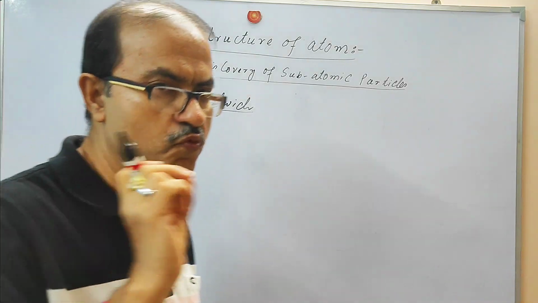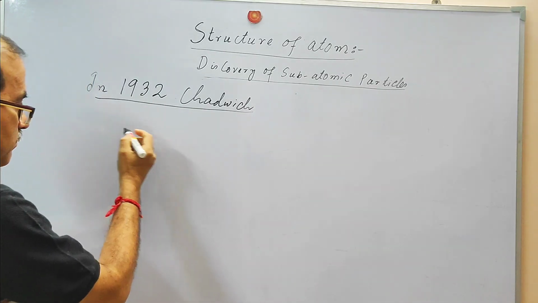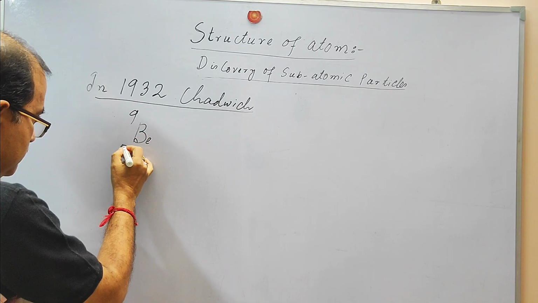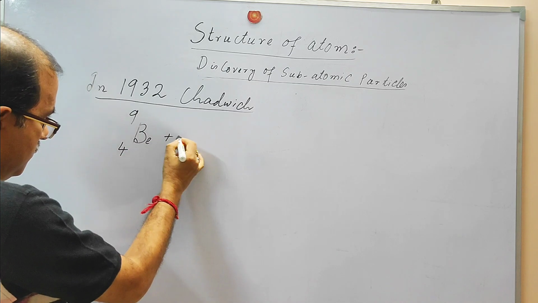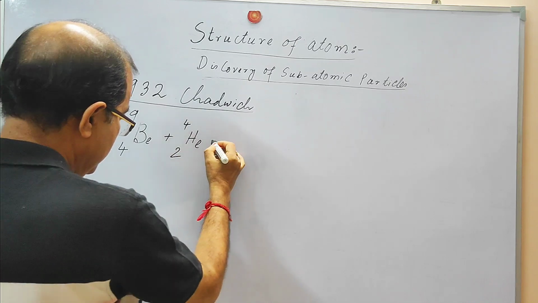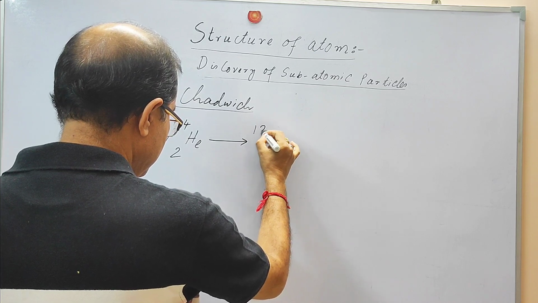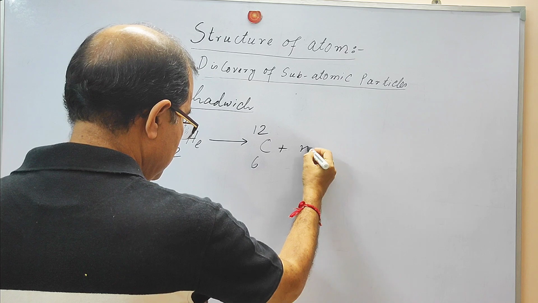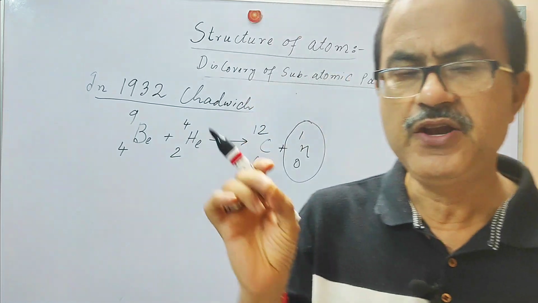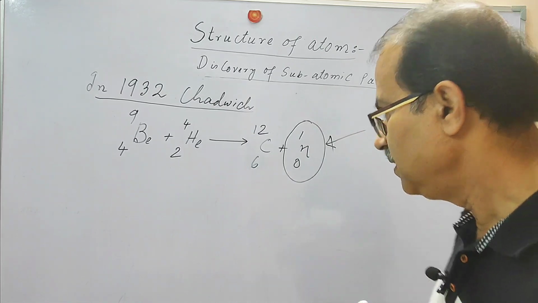By bombarding high speed alpha rays, which are helium nuclei, on beryllium, the reaction produces carbon, and by bombarding the thin plate of beryllium, Chadwick was able to produce one new ray, one particle.